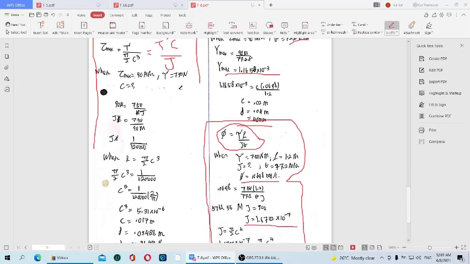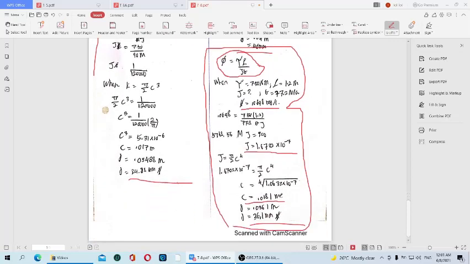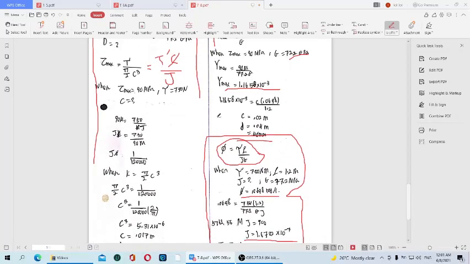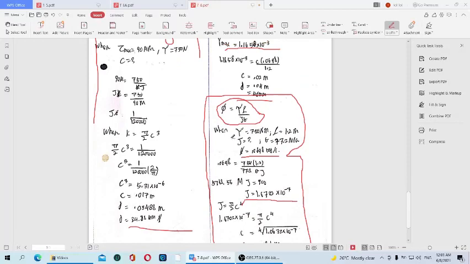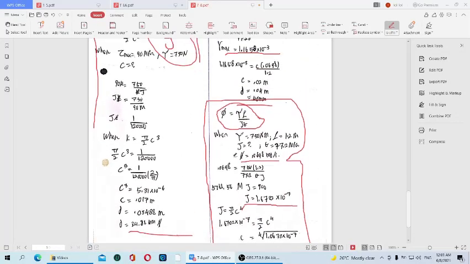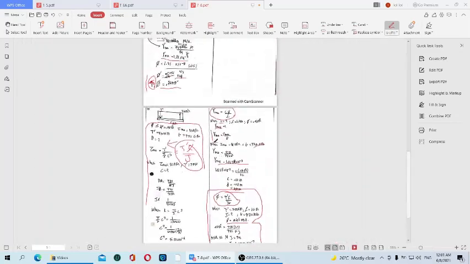Since the polar moment of inertia for the solid shaft is pi over 2 C to the power of 4, you can cancel out the C in the upper side with this C, so you are left with T prime, the internal torque, over pi over 2 C to the power of 3.